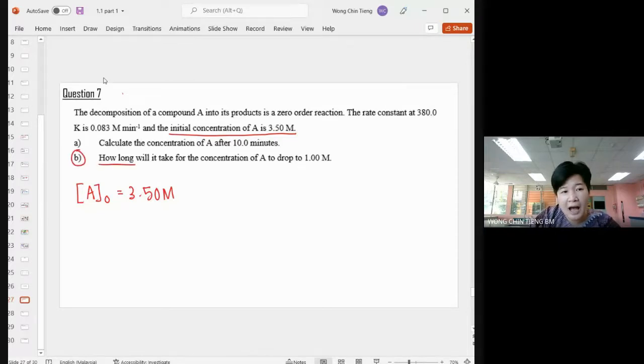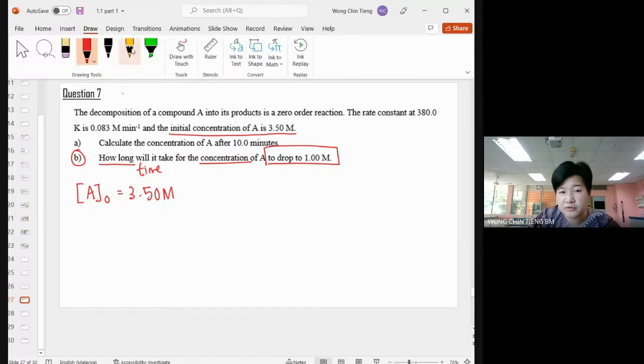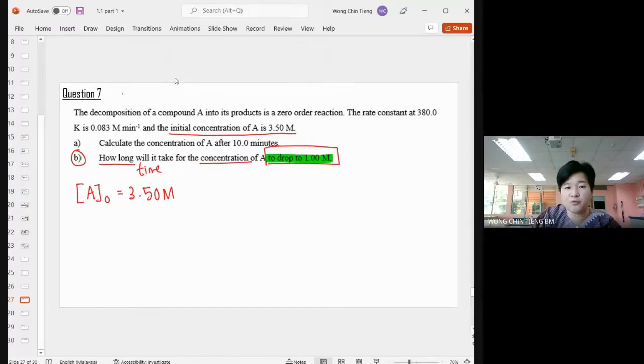How long? Obviously, we are looking for the time. How long will it take for the concentration of A to drop to 1.0 molar? So my question, 1.0 molar is the one used or the one left?